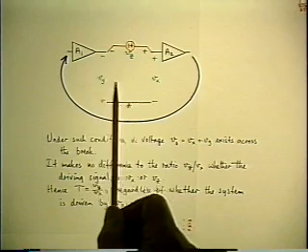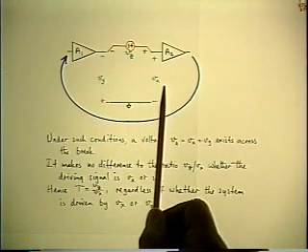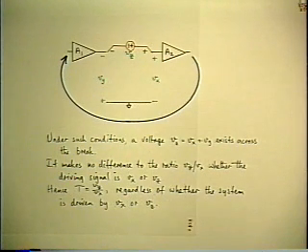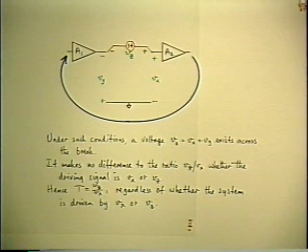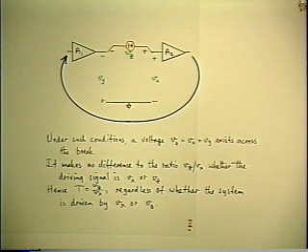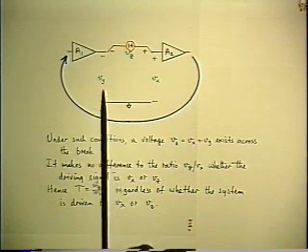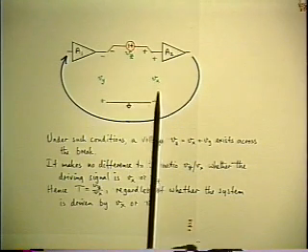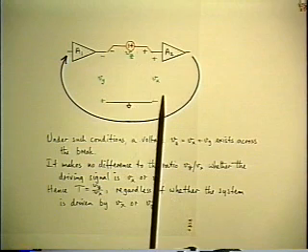So it makes no difference to the ratio of Vy over Vx which of the signals is the independent input one. It doesn't matter whether it's Vx or Vz. It doesn't change the ratio of Vy to Vx. In other words, what you measure now is the ratio between two dependent quantities, both of which are functions of the independent input.